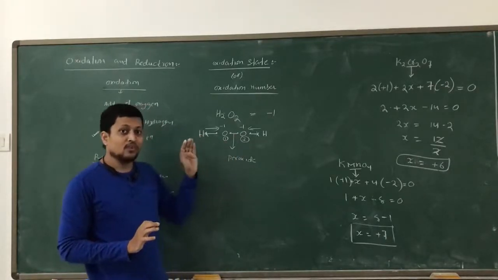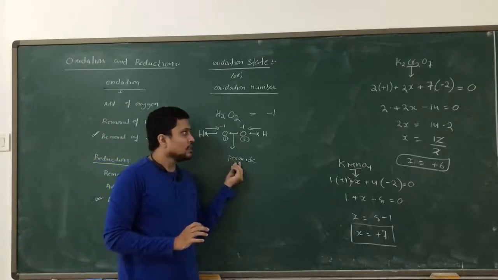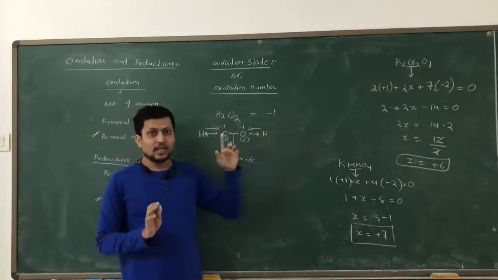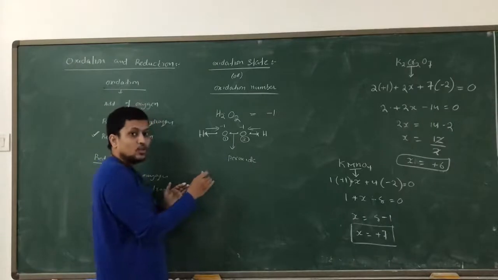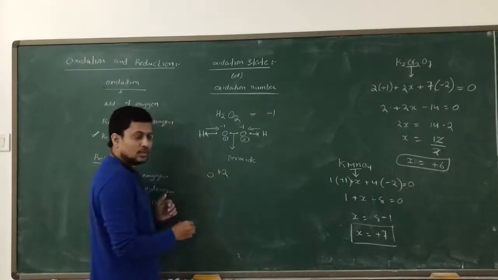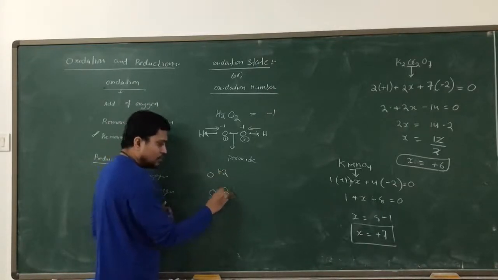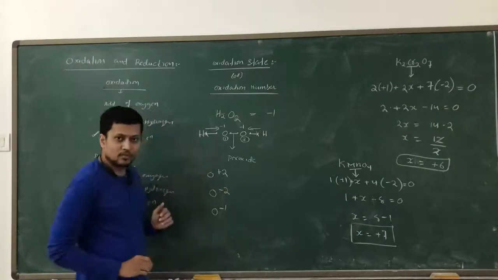Wherever you find the peroxide bond, you must be careful. In the same way, if oxygen has a bond with fluorine, there also you need to be careful. If oxygen has a bond with fluorine, it is losing the electron and becoming +2. If it is bonded with any other compound, normally -2. If any peroxide bond is present, then it is going to be -1.